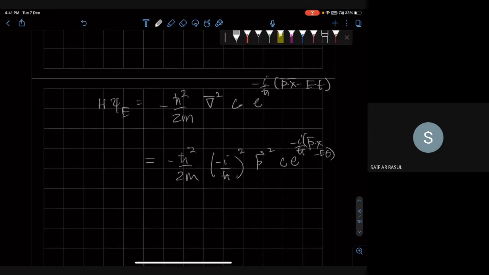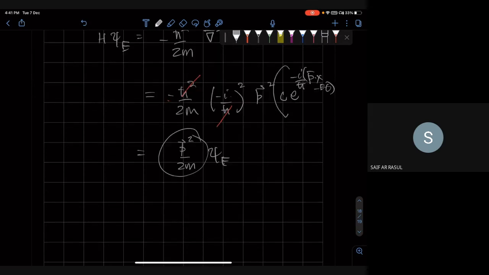But this whole thing is just ψ. So the h bar squared cancels, and the i squared gives me a minus sign that gets rid of the other minus sign. At the end of the day, I get p squared by 2m times ψ_E. But what is this? This is nothing but the energy of the particle, right?